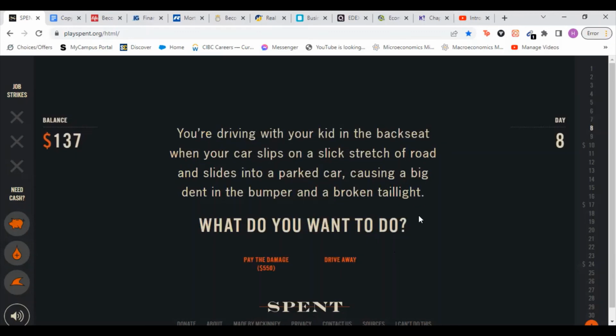You're driving with your kid in the back seat, and your car slips on a slick stretch of road and slides into a parked car, causing a big dent in the bumper and a broken taillight. So we only have $137 here.